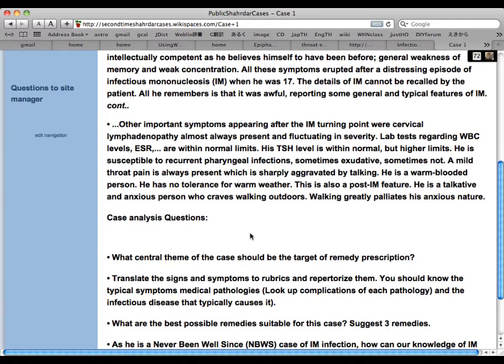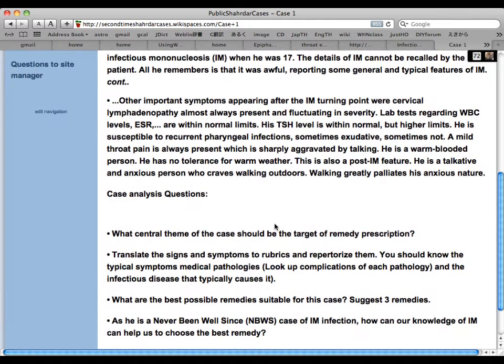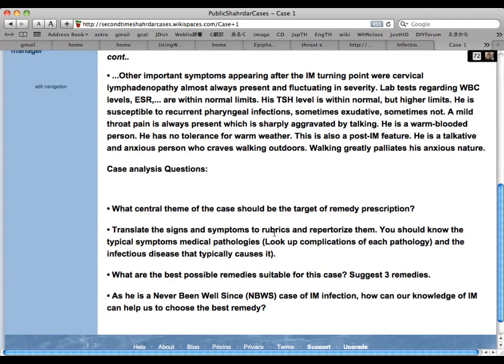Case analysis questions. Now, after you've read this, these are the questions that Dr. Shahrdar would like you to think about, and these are the questions that we should discuss in our discussion. What central theme of the case should be the target of remedy prescription? Translate the signs and symptoms to rubrics and repertorize them.